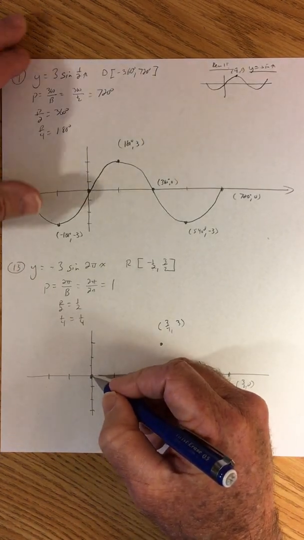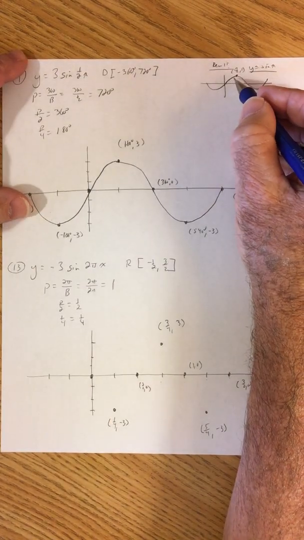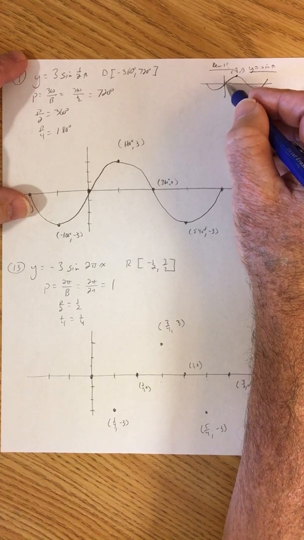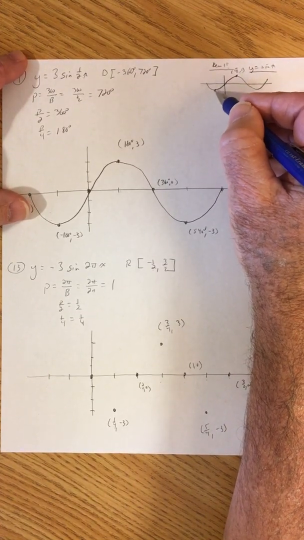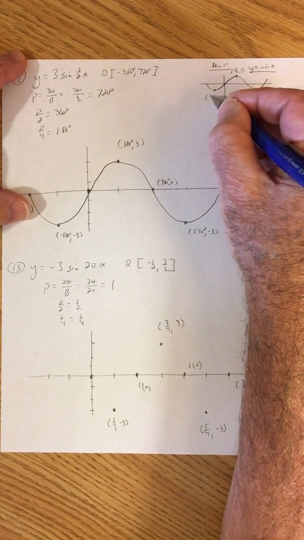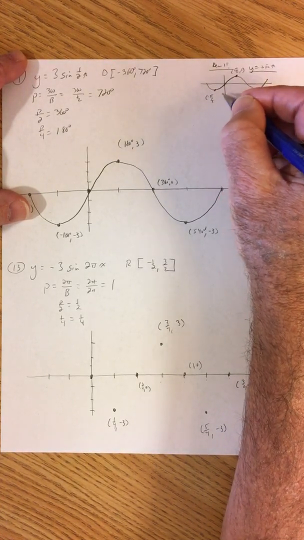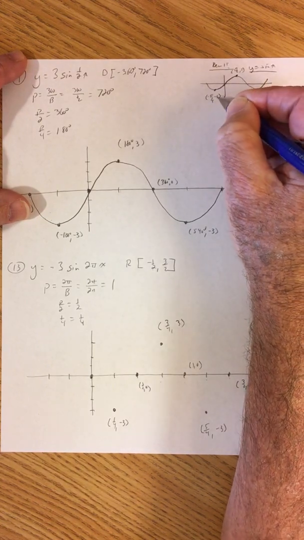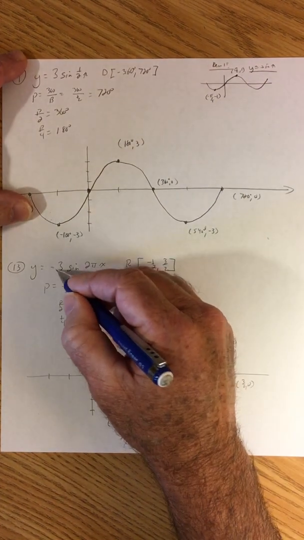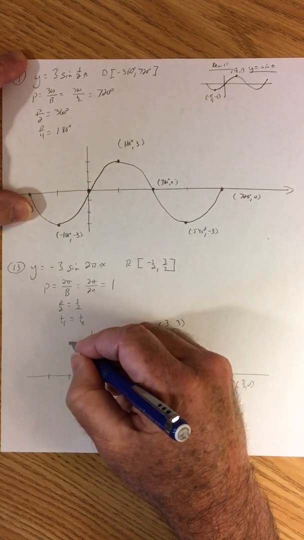Now note, on the sine graph, to the left of the y-axis, this is negative pi over 2, comma, negative 1. Now that's a quarter cycle. We're dealing with that, but this negative 1 gets multiplied by negative 3. That makes it a positive 3. That puts it right there.